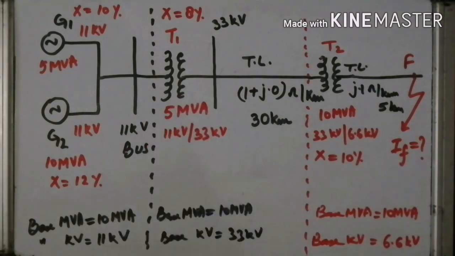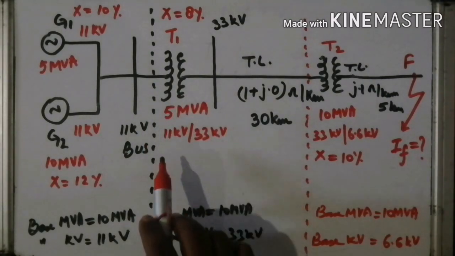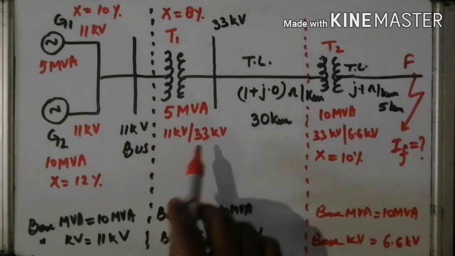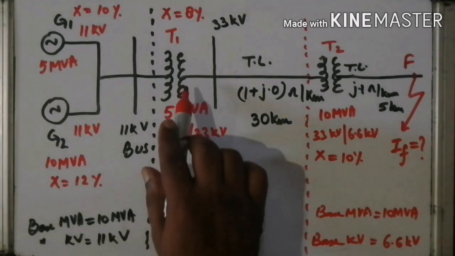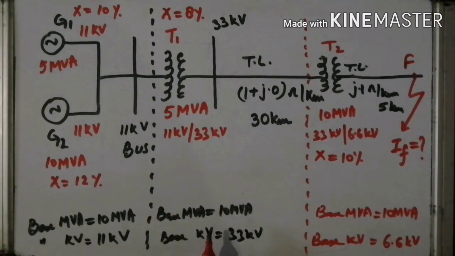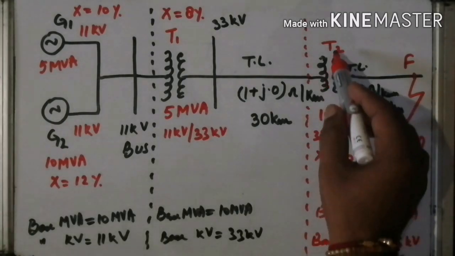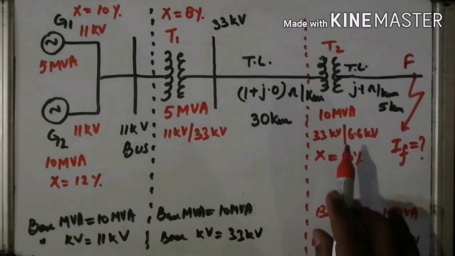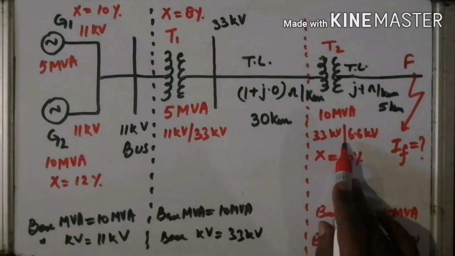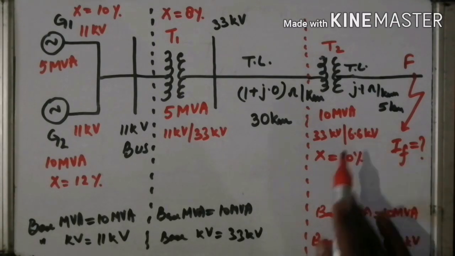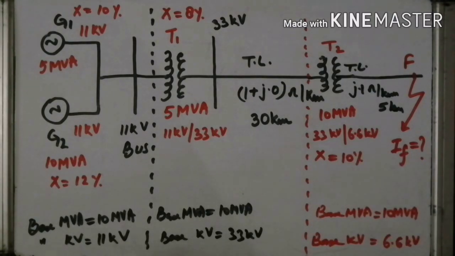This one T1 is the step up transformer. It converts 11 kV into 33 kV after the transmission by the TL transmission line. This one is a step down transformer having the voltage ratio 33 kV to 6.6 kV. Okay, these are the base MVA rating, which is same, that is 10 MVA, and base kV is 11 kV, 33 kV and 6.6 kV.